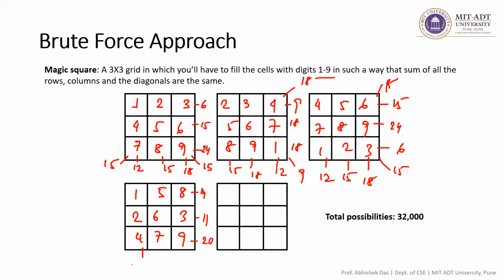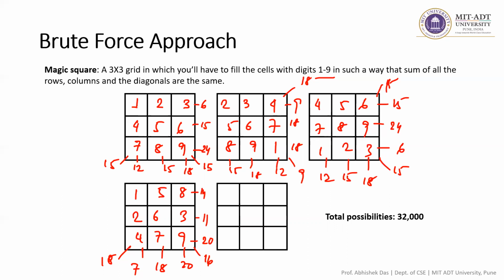Now over here, you're going to get 7, then 18, then 20. Then for the diagonals, you are going to get 18 and 16, right? Again, different values. So in this way, you can try a lot of times, a lot of possible combinations.